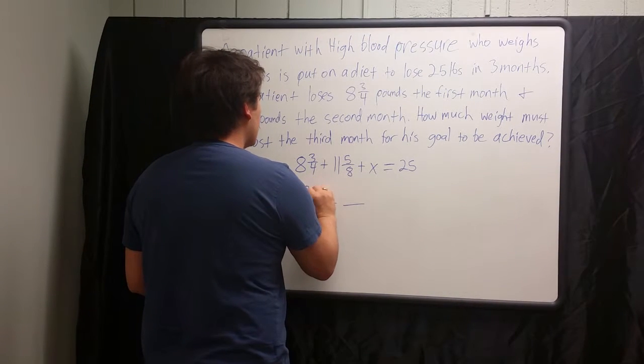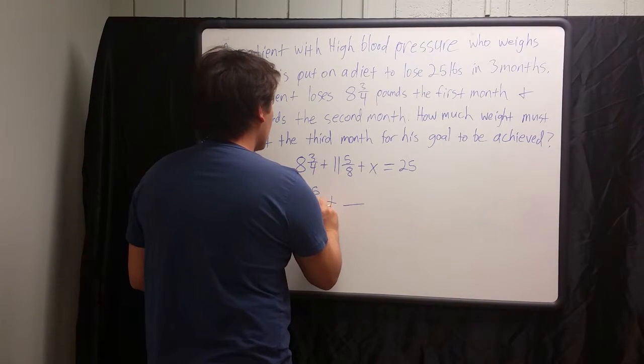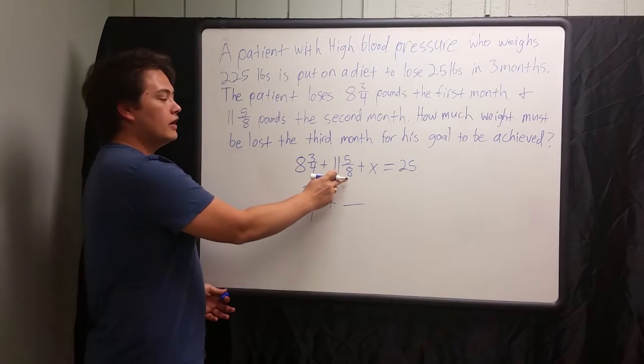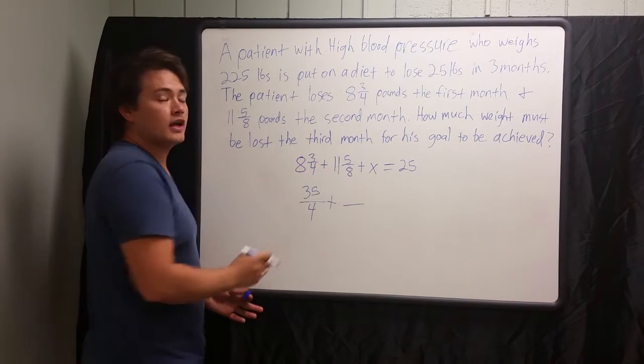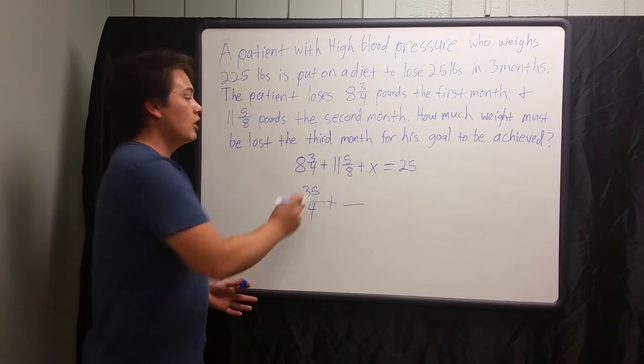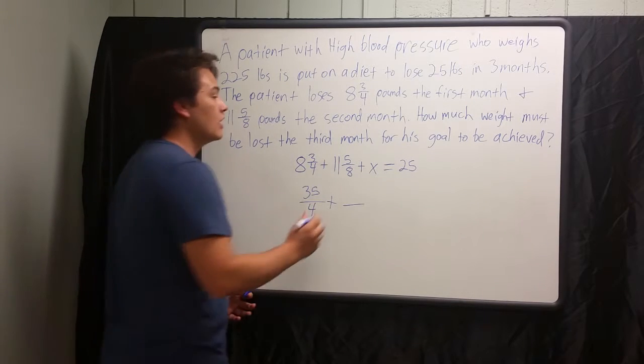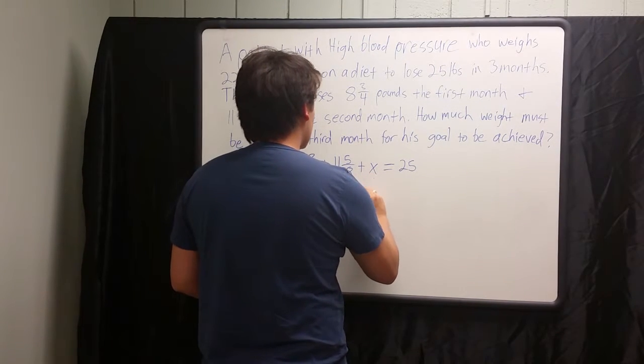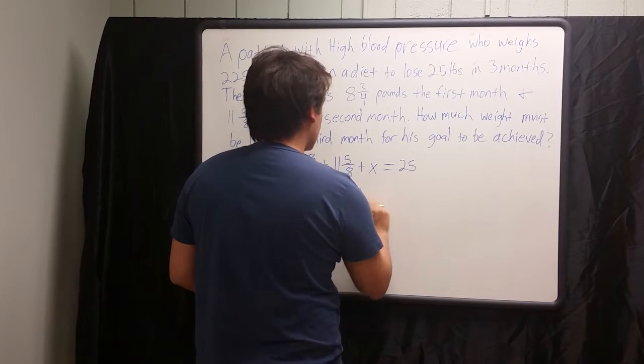So it's going to be 35 over 4. And then here, 11 times 8 is going to give me 88, plus 5 is going to give me 93 over 8.